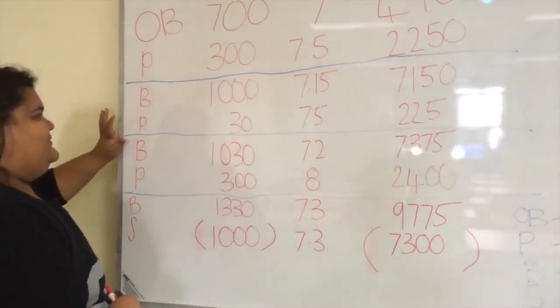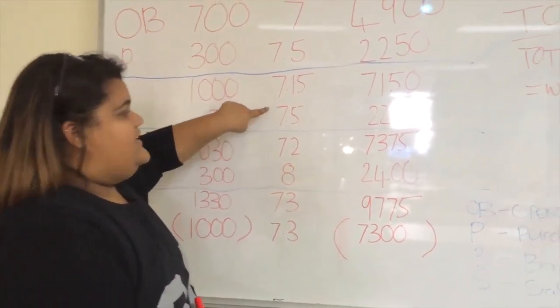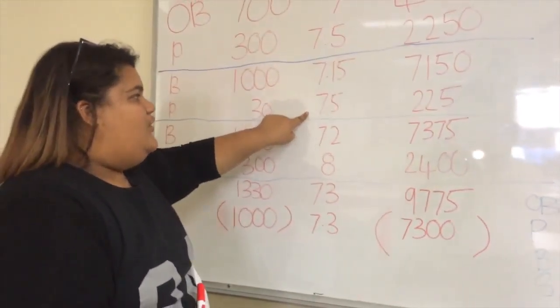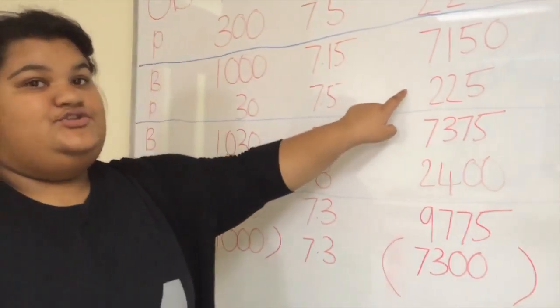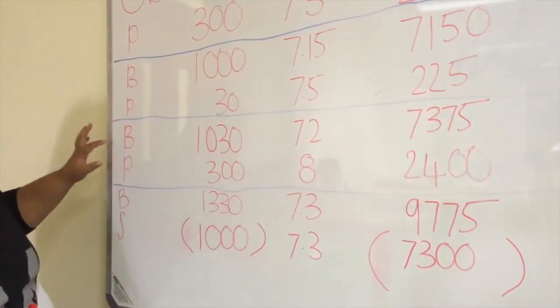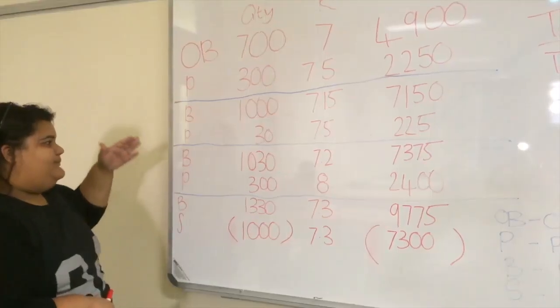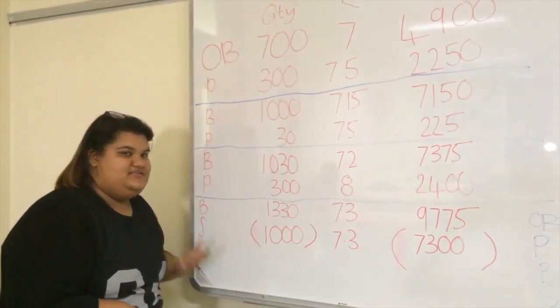And the purchase was for 30. And this was at a cost of 7 Rand 50. We then times the 30 by the 7 Rand 50, which gave us 225. Then what we do is we need to get a new balance. With every purchase, you will have to do the same.